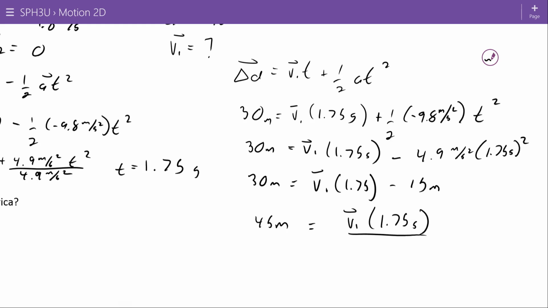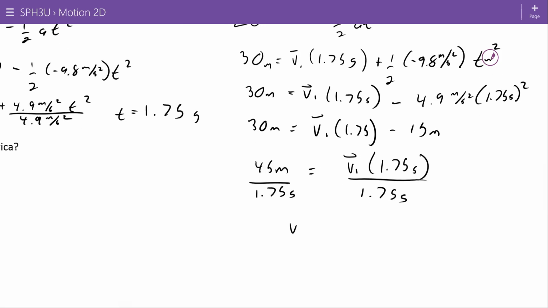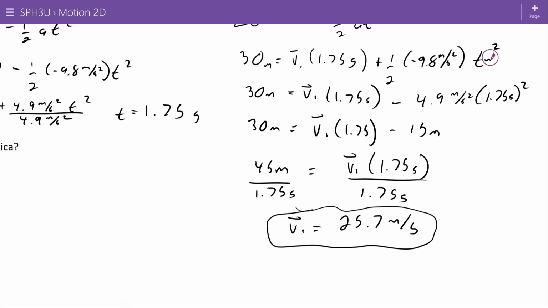So if I divide both sides by 1.75 seconds, V1 equals 25.7 meters per second. So that is the initial velocity of the second arrow.